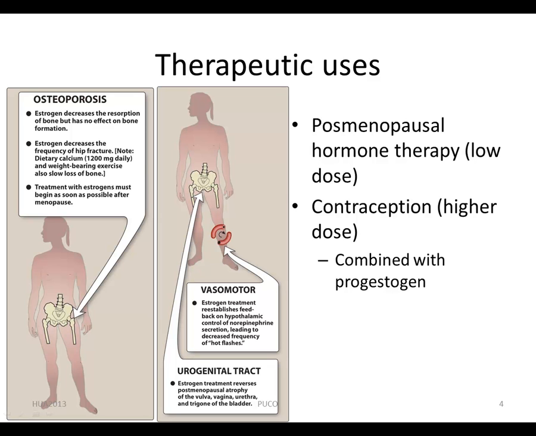Estrogens are most frequently used for contraception and postmenopausal hormone therapy. Due to concern over the risk of hormone therapy, the North American Menopause Society recommends that hormone therapy be prescribed at the lowest effective dose for the shortest possible time to relieve menopausal symptoms.